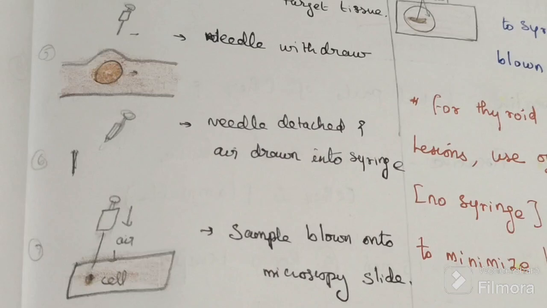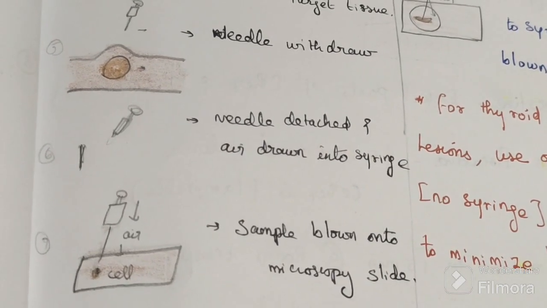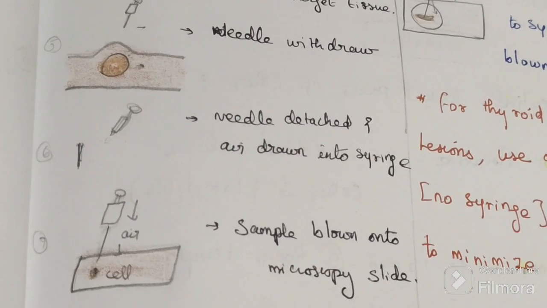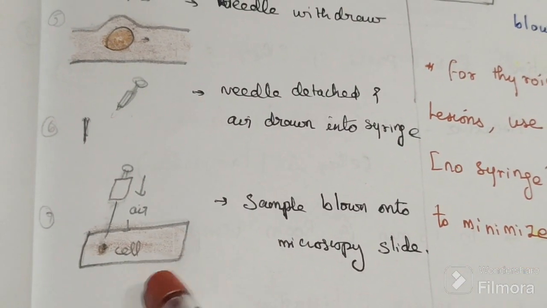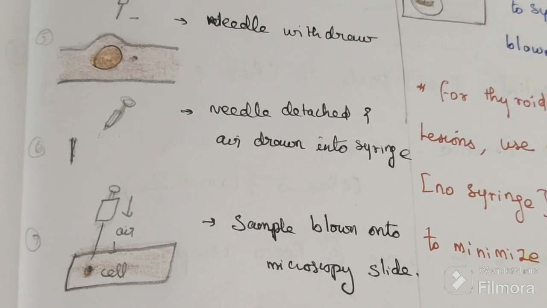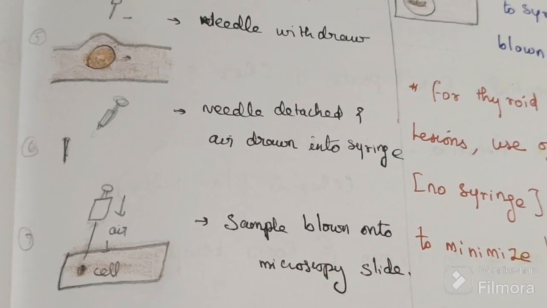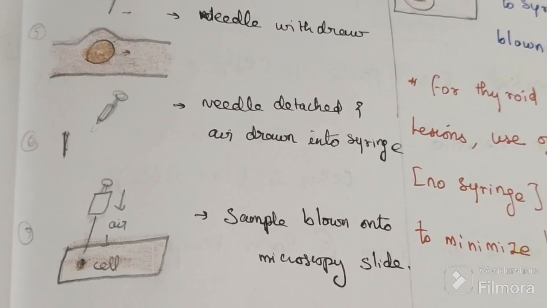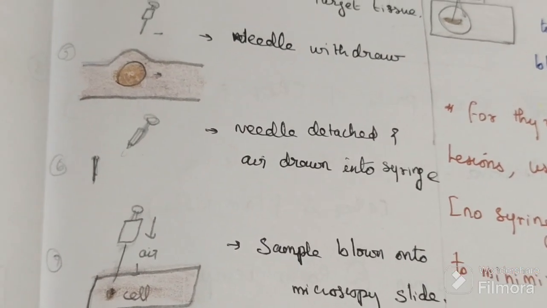Why pulling? So the air goes into the syringe, so that air will be used. These steps, syringe and needle attached. When you are moving that plunger down, what is happening? The air pressure which has been created pushes the cells from inside the needle onto the slide.